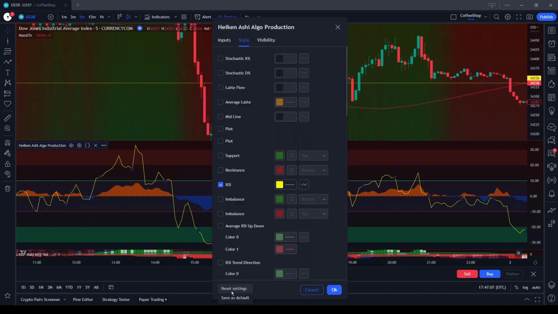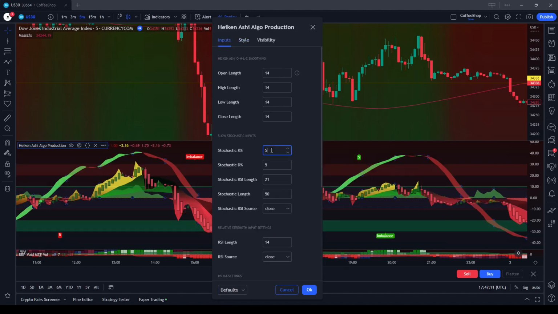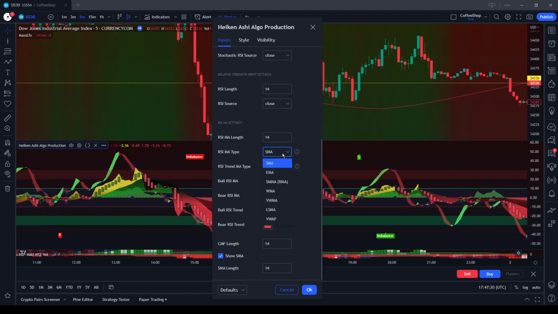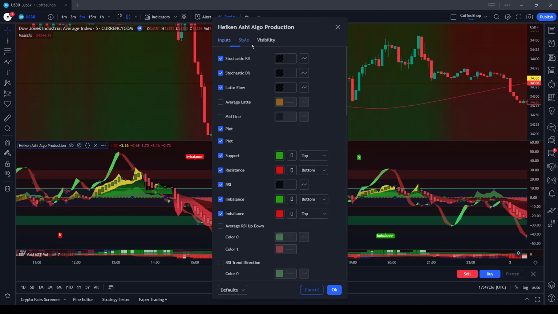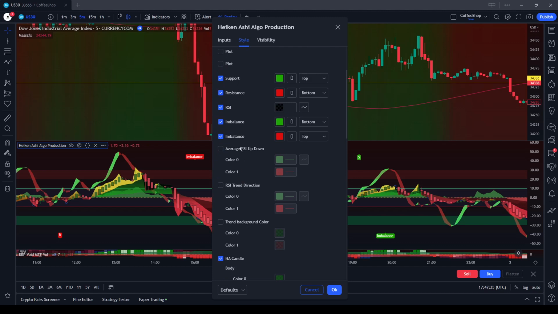So let's go back to my defaults. Let's go to reset. Like I said, I just have the standard settings here. The only thing I changed is my stochastic. And let's get back to the trades. I don't need this, I don't need that. Support and resistance. We're going to go over imbalance in just a second, okay?